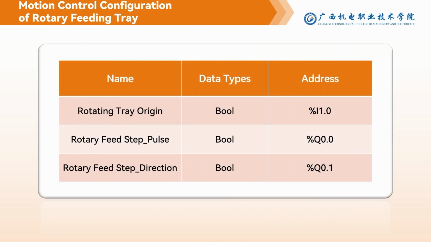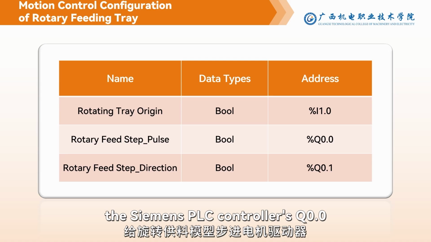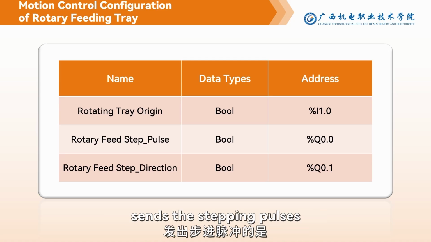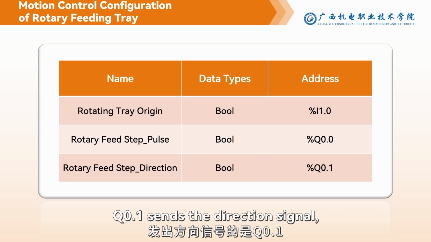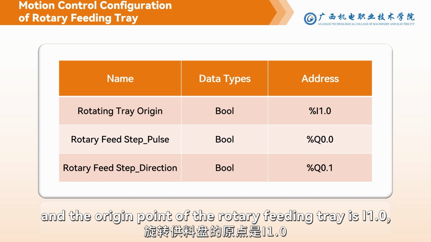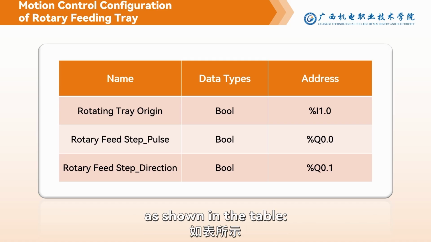In this case, the Siemens PLC controller's Q0.0 sends the stepping pulses to the stepper motor driver of the rotary feeding model. Q0.1 sends the direction signal, and the origin point of the rotary feeding tree is I1.0 as shown in the table.